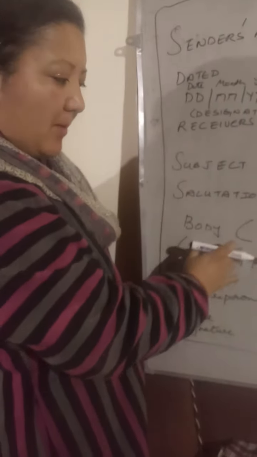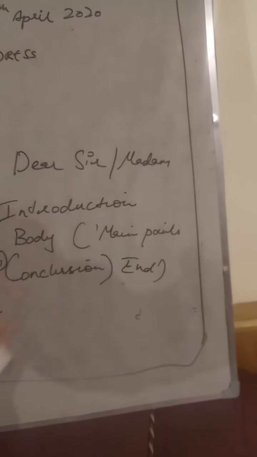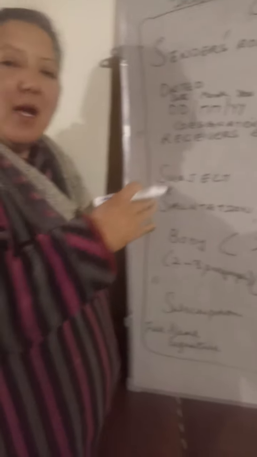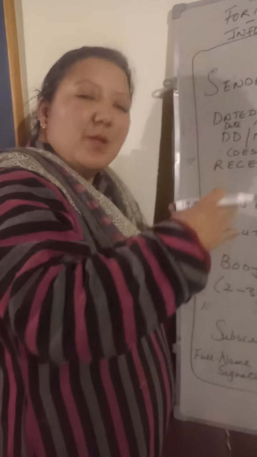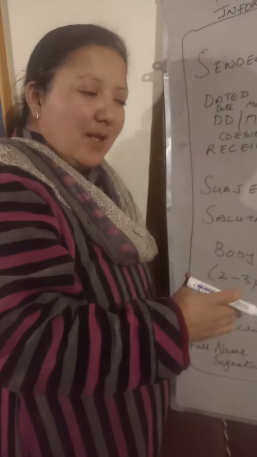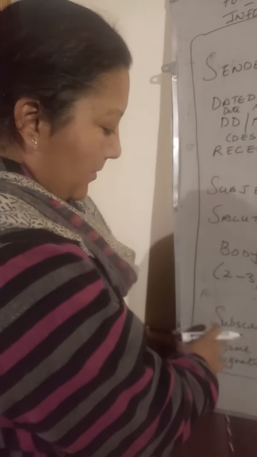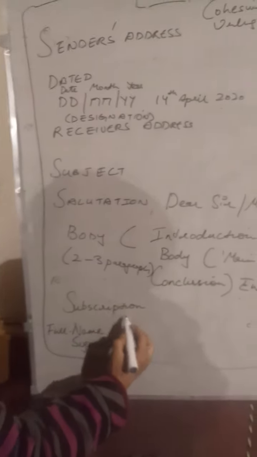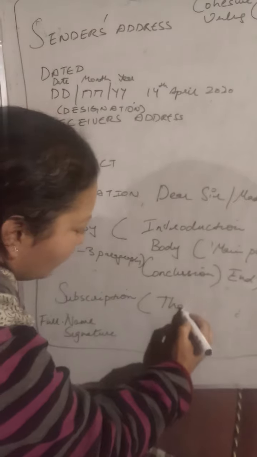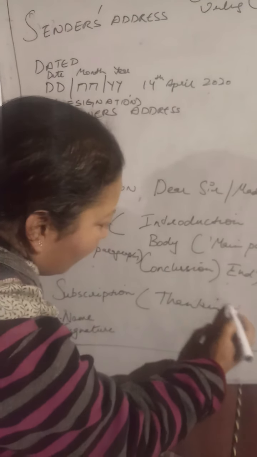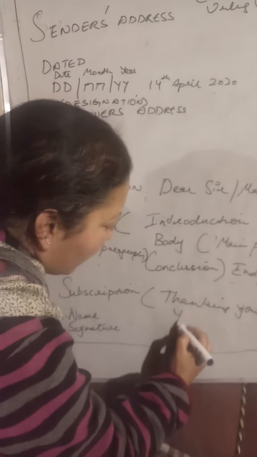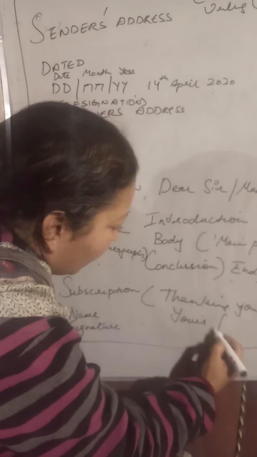2 to 3 paragraphs, split it, and conclusion is the end. In the end, you summarize the whole conversation. You're just repeating whatever you said. Understand? And then you end it. Subscription, here you can write Thanking you, or you can write Yours faithfully.